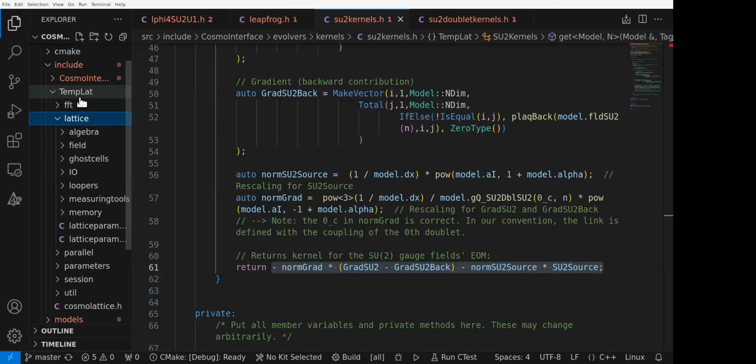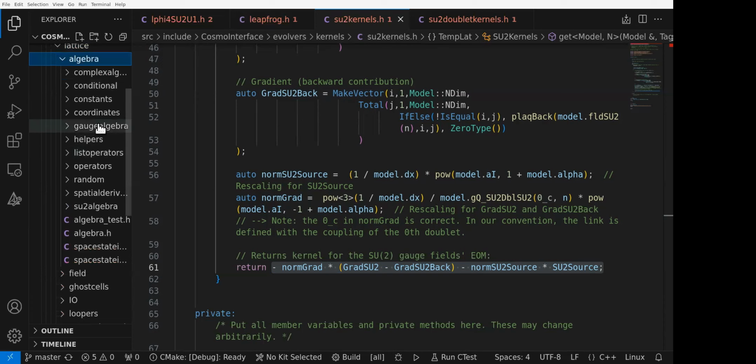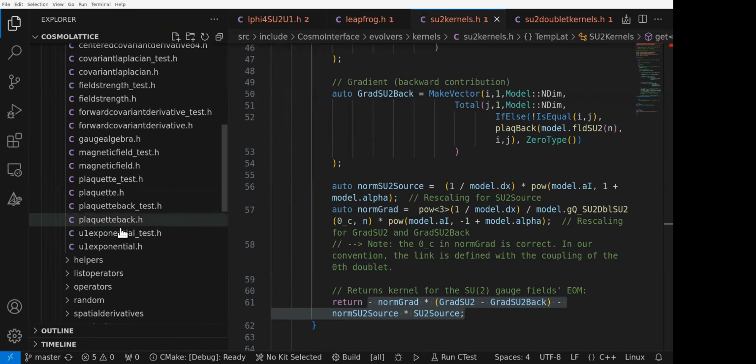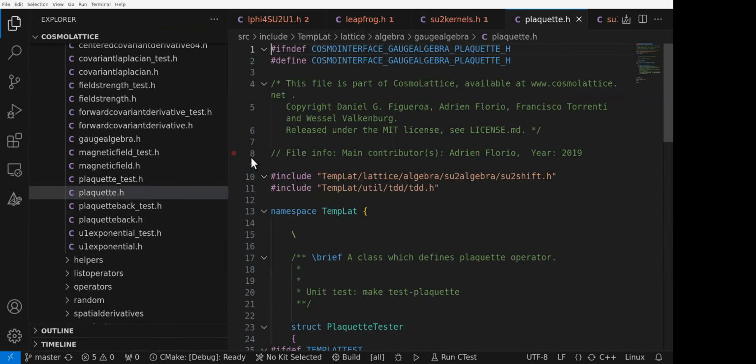And this bracket operator is stored in this lattice folder, and then you have this algebra, and you have this gauge algebra, and you have a lot of different operations to compute magnetic field, brackets, some exponential. But the bracket itself is pretty easy to see what it does.